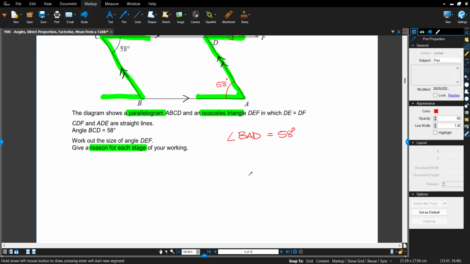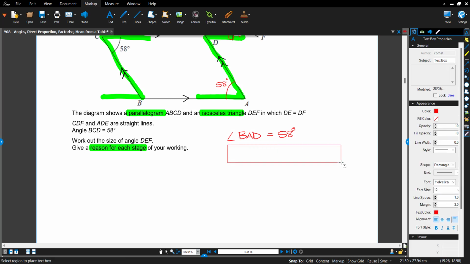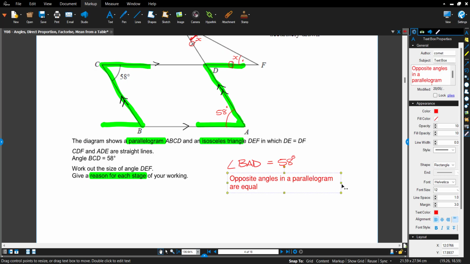Okay, that's our statement. Now let's give a reason. Opposite angles in a parallelogram are equal. And that's that. All right.